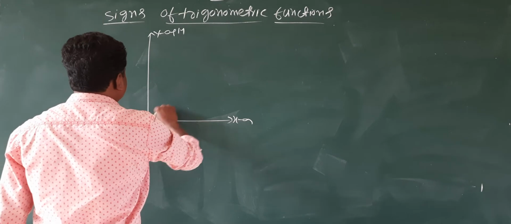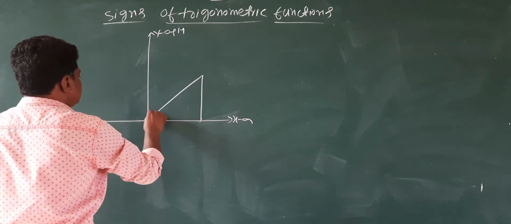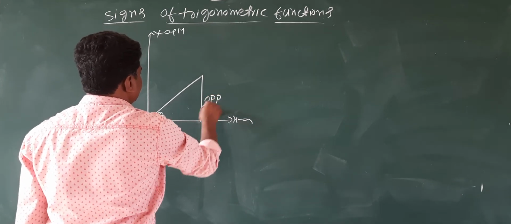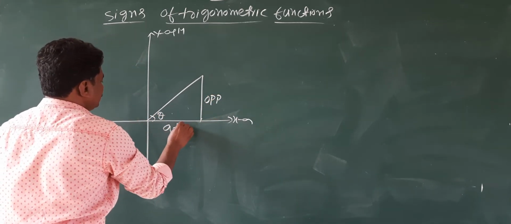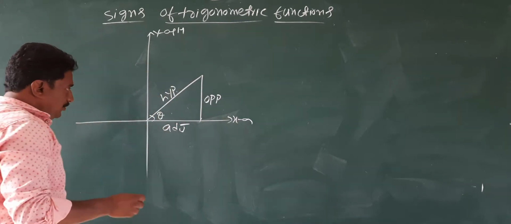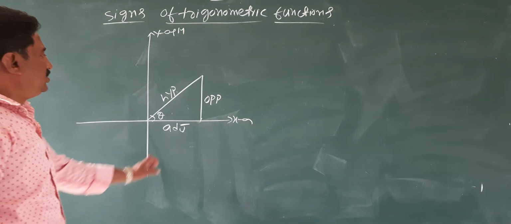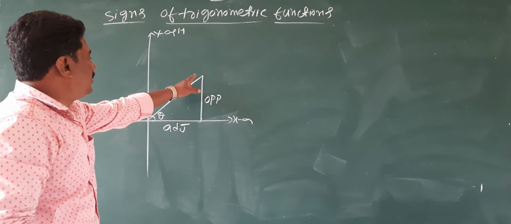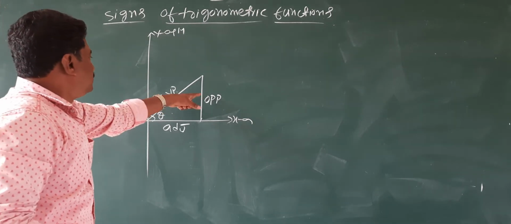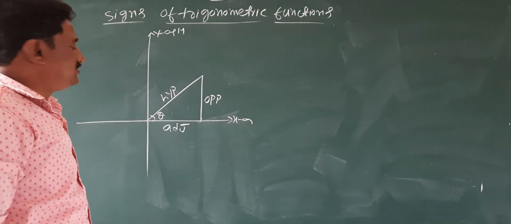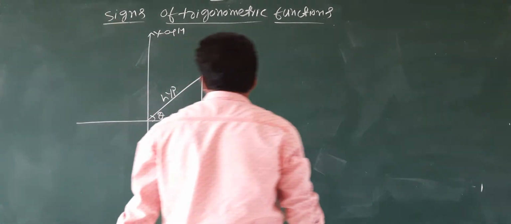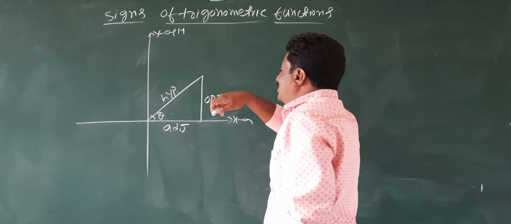You take this triangle, students, with angle theta, the opposite side, the adjacent side, and the hypotenuse. Look at this, students: the opposite side is along the positive y-axis. The adjacent side is along the positive x-axis. So the opposite is positive.